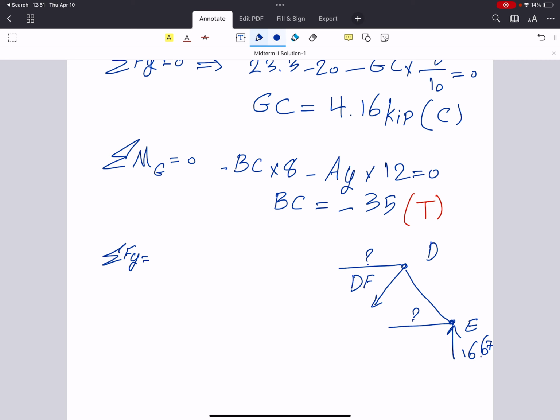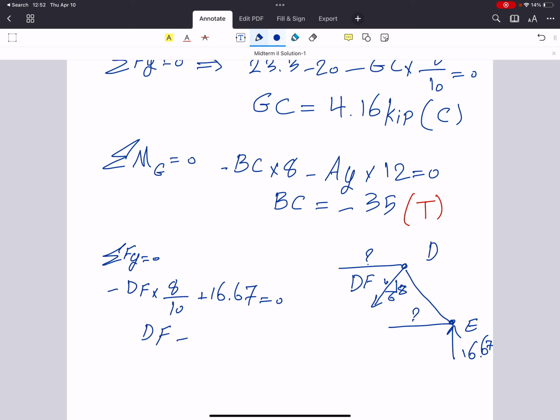But in Fy, you will have only one equation, one unknown, DF. What is the ratio? This is 6, 8, this is 10. DF will be 8 over 10, going down, right? Then we have E going up 16.67.